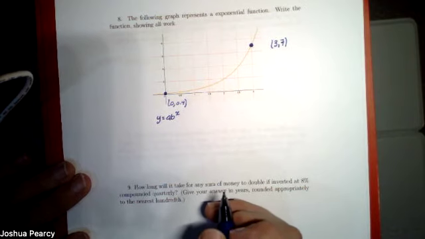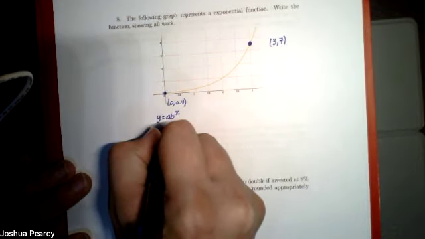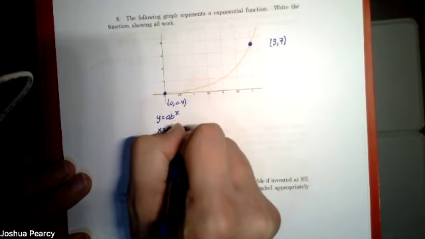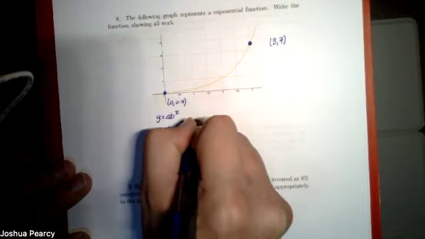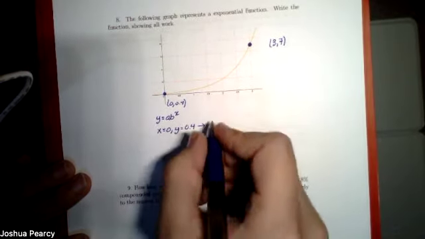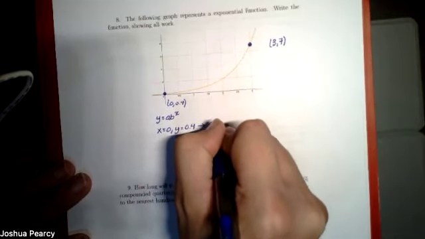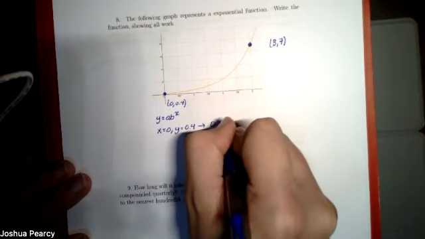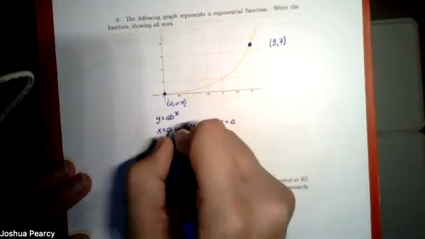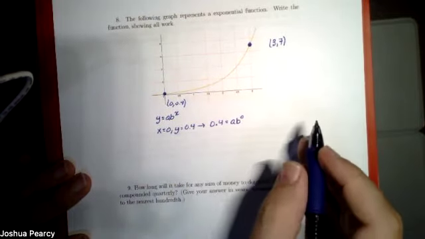So let's start with the first point. Let's say x is 0 and y is 0.4. So I want to plug these in here, right? I would have that 0.4, which is the y coordinate, is equal to a times b to the x, and x is 0.